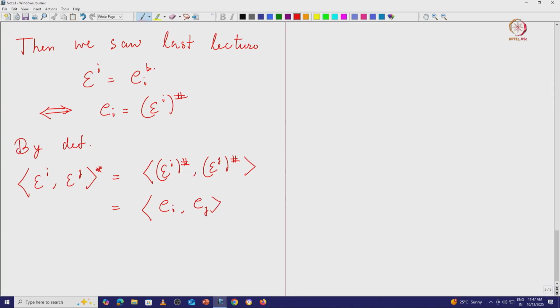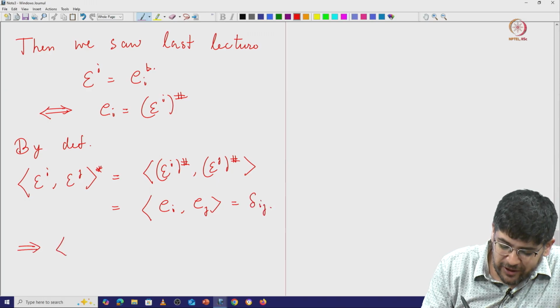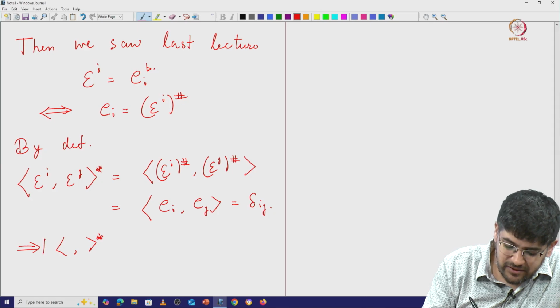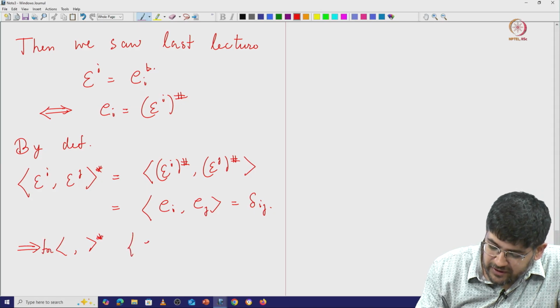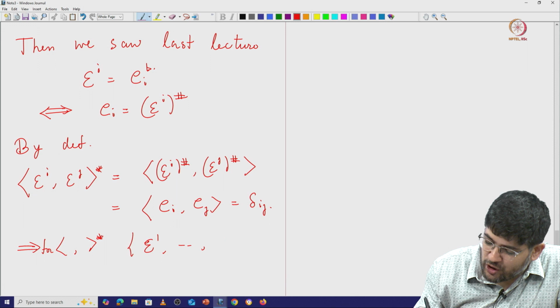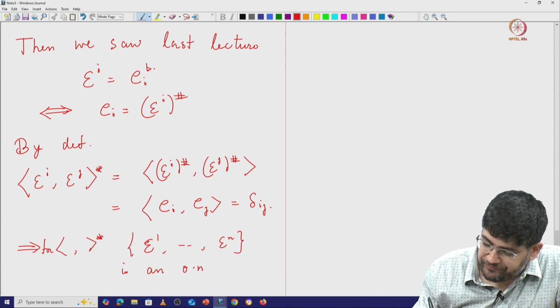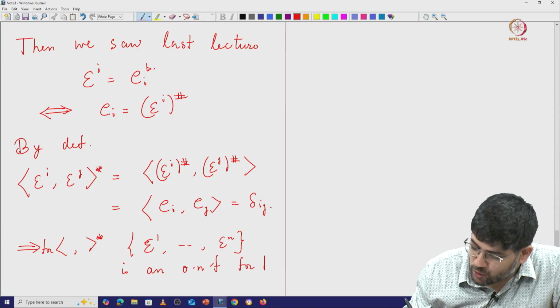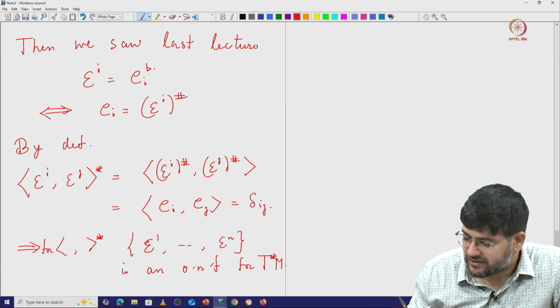But Ei is an orthonormal frame, so this is of course going to be the Kronecker delta. So that means with respect to this inner product, this basis epsilon 1 to epsilon n is an orthonormal frame for the cotangent space. Okay.